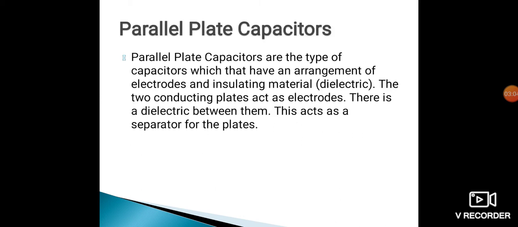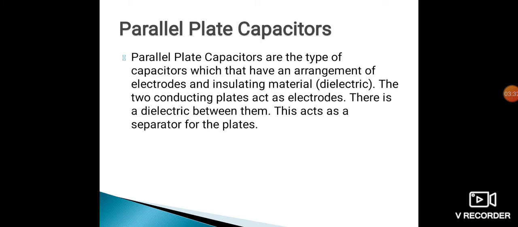Now, one most popular form of capacitor is the parallel plate capacitor. Parallel plate capacitors are a type of capacitor that have an arrangement of electrodes and insulating material. The two conducting plates act as electrodes and there is a dielectric between them.